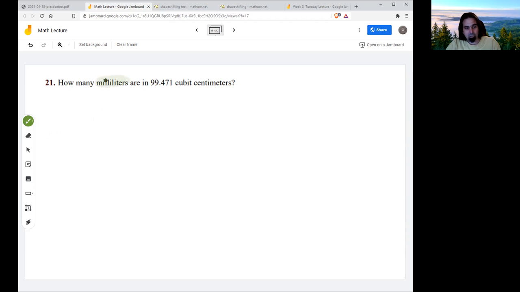This is going back to the history lesson. We have milliliters and we have cubic centimeters. Oops, and that shouldn't say cubic centimeters.